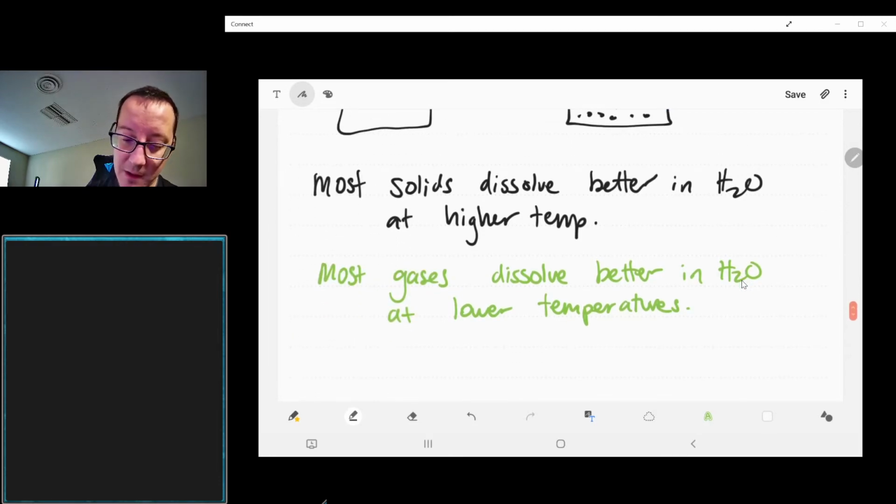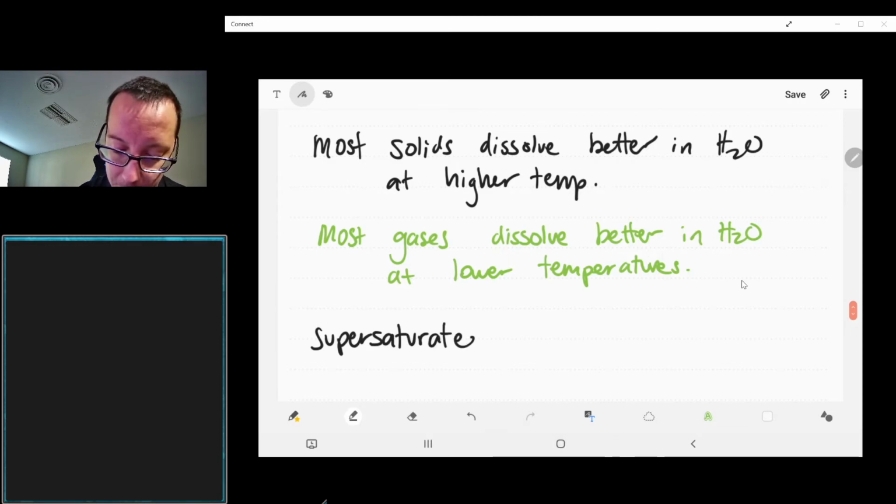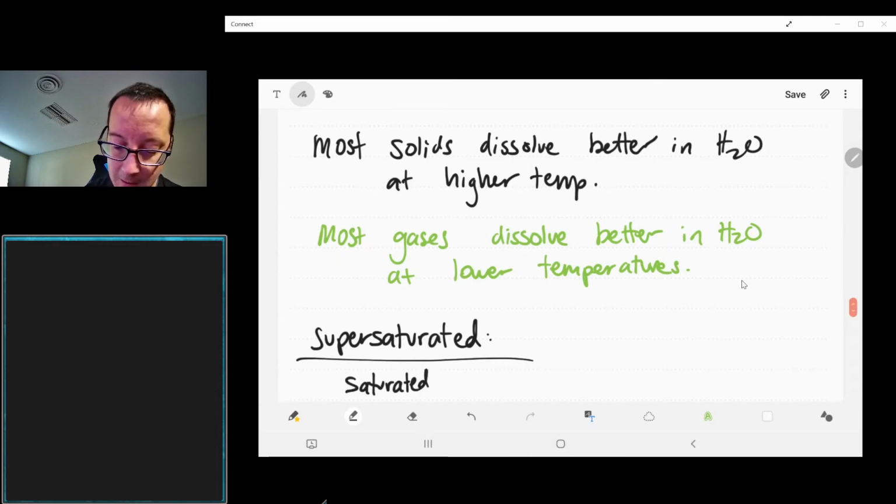And so with that in mind, there's another classification we have, which is called supersaturated. And that means it was saturated at a higher temperature and allowed to cool slowly.